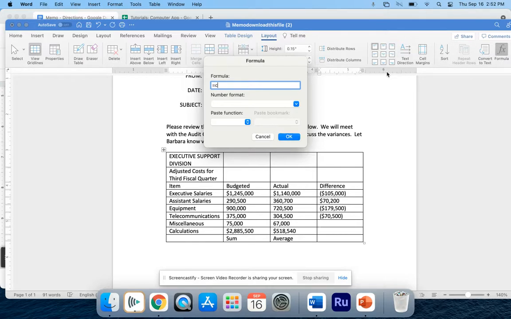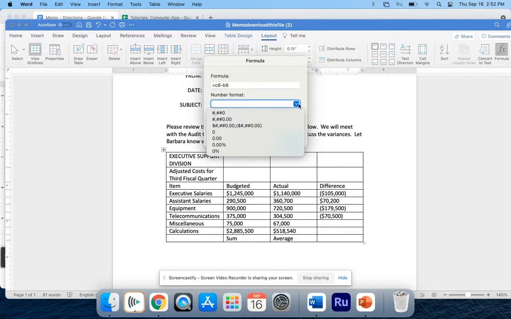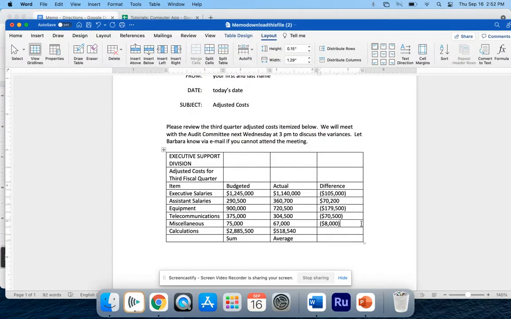And they should be C8 minus B8. You click the number format. You add the dollar sign. If you want to adjust the decimal places now, you can. It's going to be a negative number, and there you have it. So that is how you do step number 15.